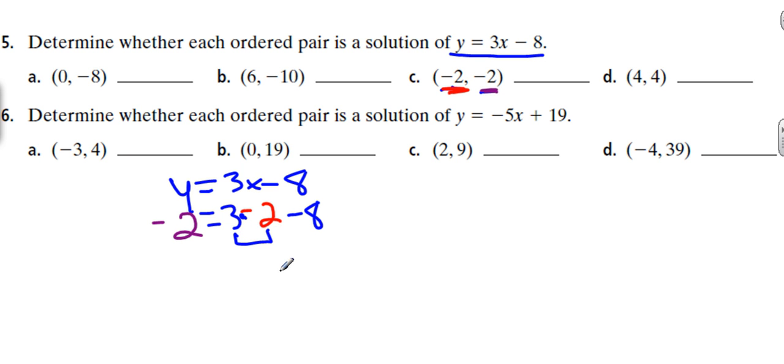So we start with the multiplying. 3 times -2 is -6. -6 minus 8 is 14. Is 14 positive or negative?